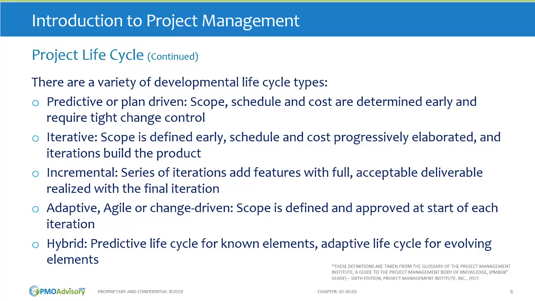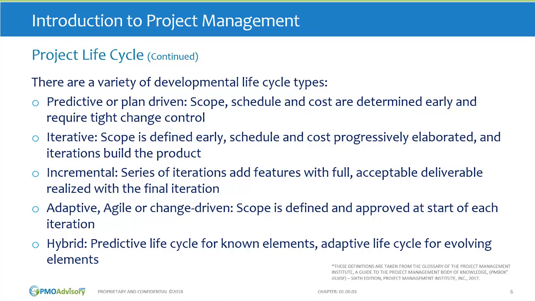The next option is iterative. In this case, scope is defined early, while schedule and cost are formed with progressive elaboration. And as you develop iterations for schedule and cost, there may also be revisions to scope, and ultimately the iterations will build the final product.